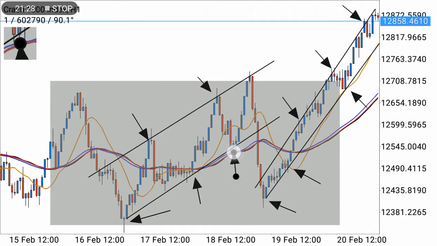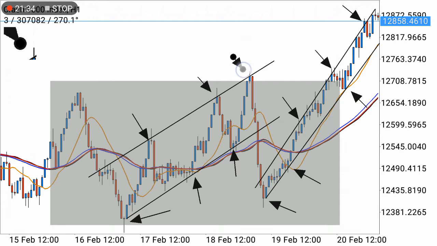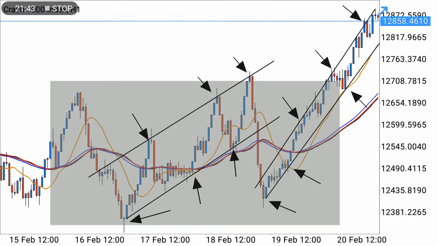And one more time a pullback and touch at this point, the third confirmation, and again pullback, and once it pulls back from this point the market broke this area, and look here, a new wave.